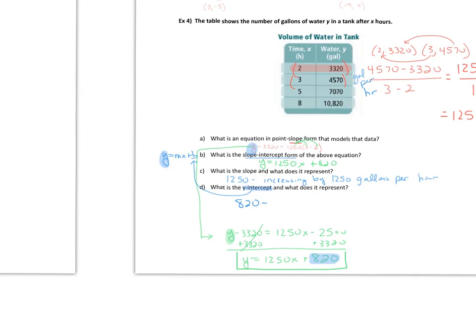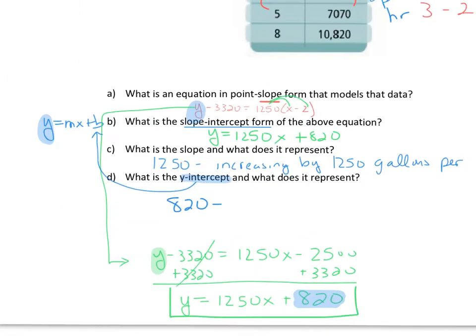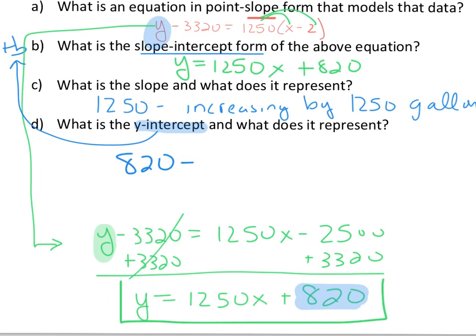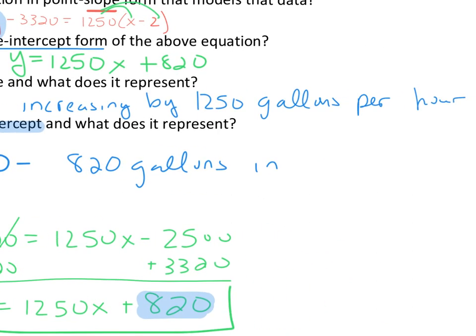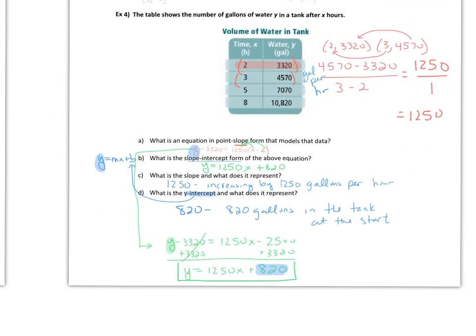The y's are gallons, so this is just going to be your starting gallons in the tank. So you have 820 gallons in the tank at the start. Or you can say they start with 820 gallons in the tank, something along those lines. All right, and that concludes lesson 5-4 notes.